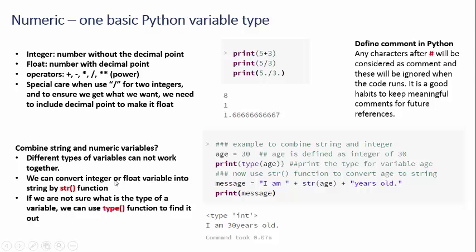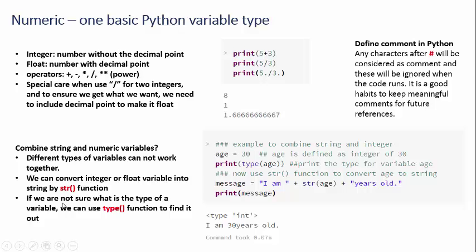But we can convert the integer or float variables into a string by the str function. The str function simply converts any numerical value into a string, and then you can combine them together.